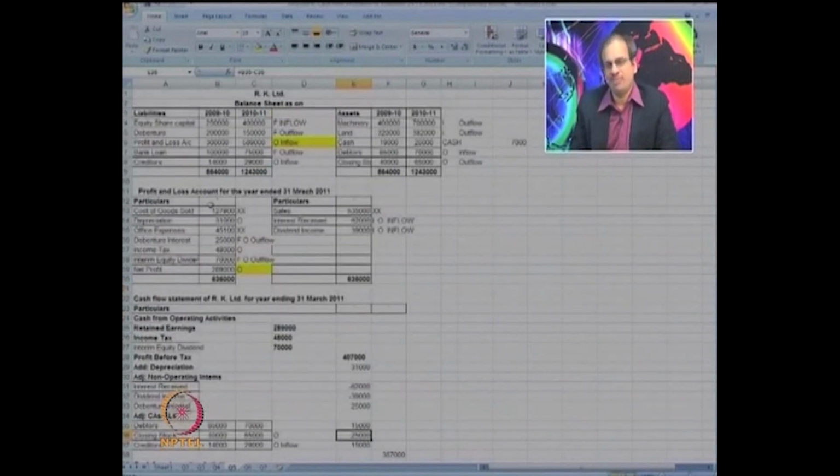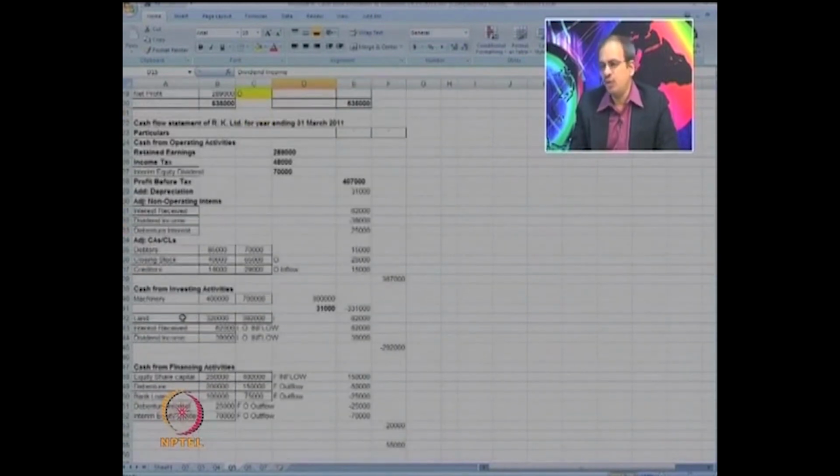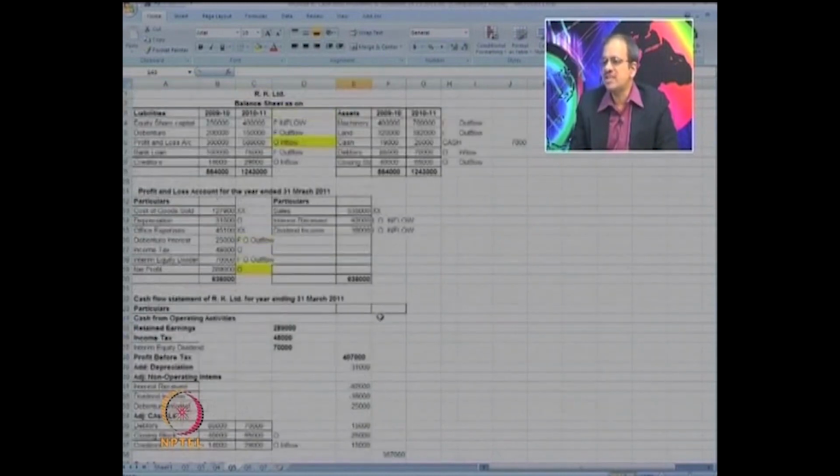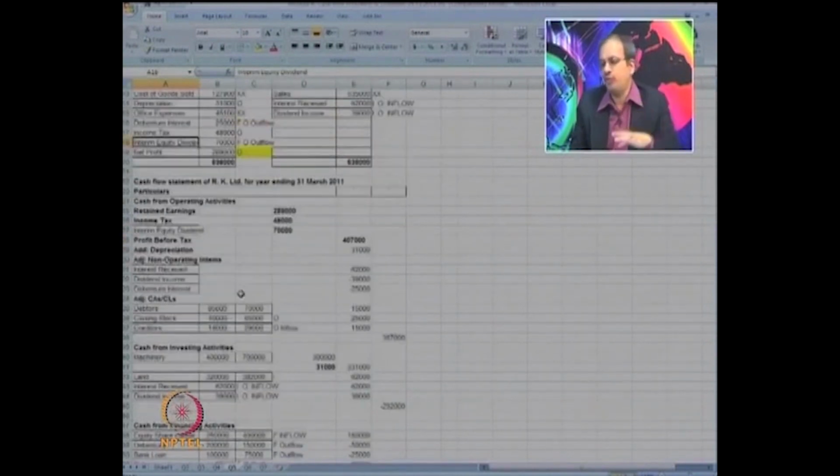Now, take a look at P&L items. Interest and dividend received, this should be marked as I inflow. So, interest received and dividend income both are inflows. Now, on debit side of P&L, debenture interest and interim dividend, they are F outflows.